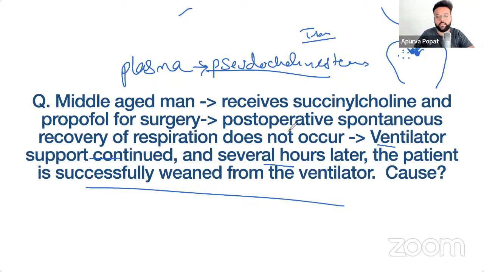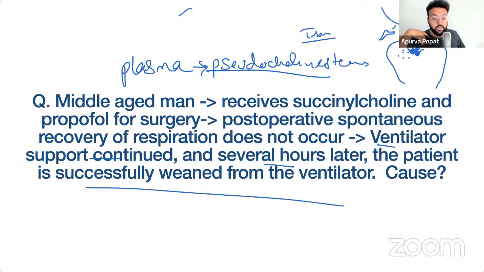Anyways, depolarizing blockers are metabolized in the plasma by pseudocholinesterase. We had acetylcholinesterase metabolizing acetylcholine at the synapse. Similarly, we have pseudocholinesterase in the plasma, which metabolizes succinylcholine. If you have a deficiency of that, succinylcholine will be very happy, with nobody there to metabolize it. It will keep on causing muscle relaxation and you get respiratory paralysis.